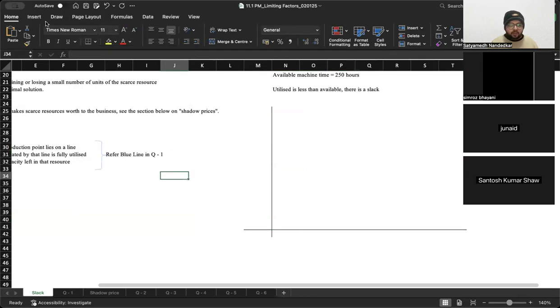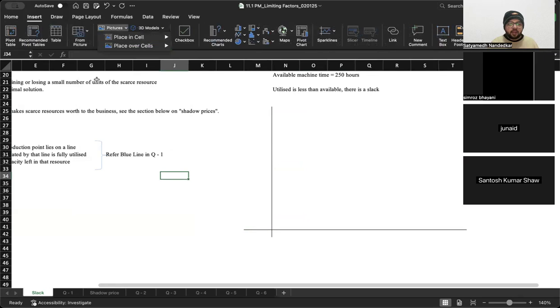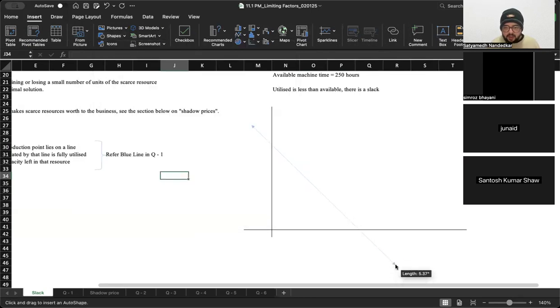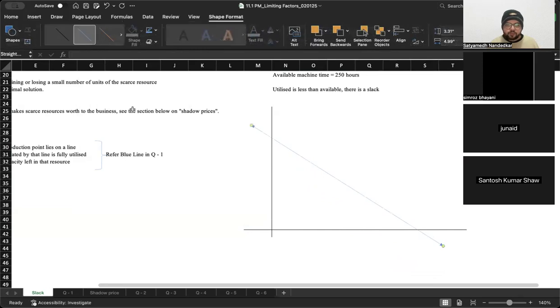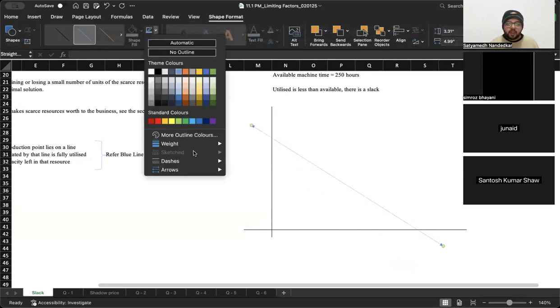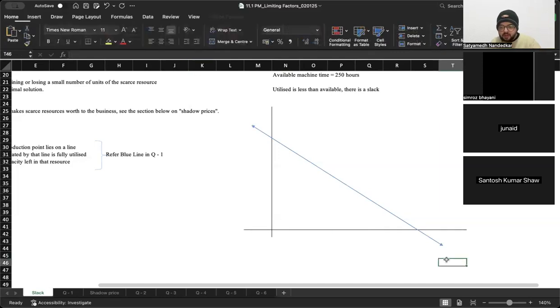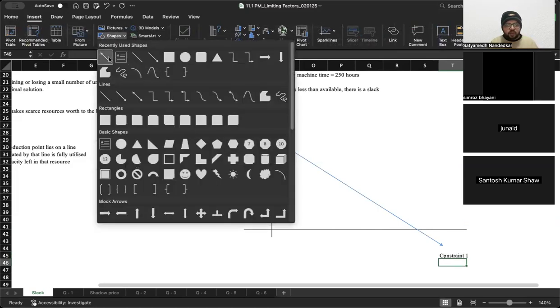Now this is your typical XY axis, and I'm going to draw three lines here which are indicative of three different constraints. This is my constraint 1. Let us assume that this has a less than or equal to constraint. Less than or equal to means you either go on the left or you have to go down. This is my constraint 1. Let's draw another line which stands for constraint 2.